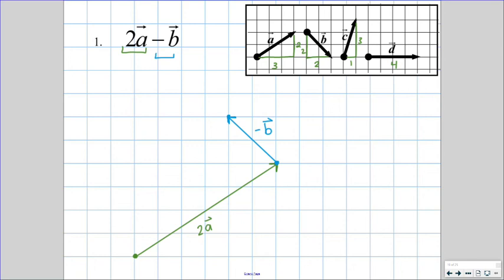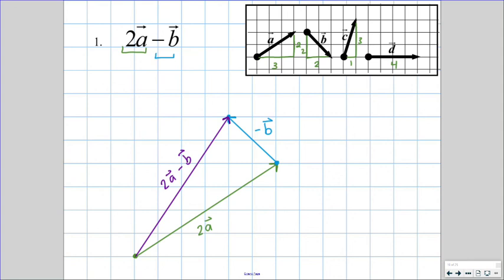And then this answer, 2A minus B, is our resultant vector. That's the vector drawn from our starting position to where we ended. So we're starting back at where we started 2A all the way to where we ended after we drew negative B. So that's our resultant vector. I can also write it here as 2A minus B.